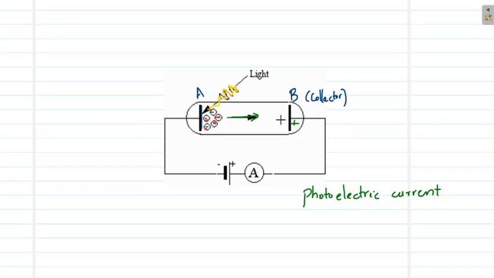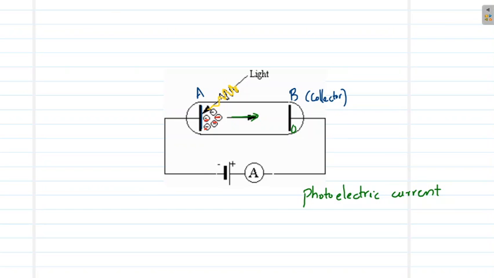Now the potential at the B plate was decreased and studies were made. It was found that when the potential at B decreases, the photocurrent is also slightly decreasing. And if you decrease the positive potential at B up to a 0 value, still some electrons were able to reach the B plate and hence a photocurrent was obtained.